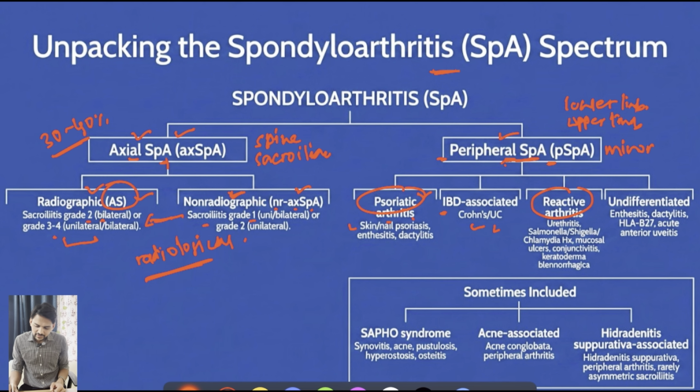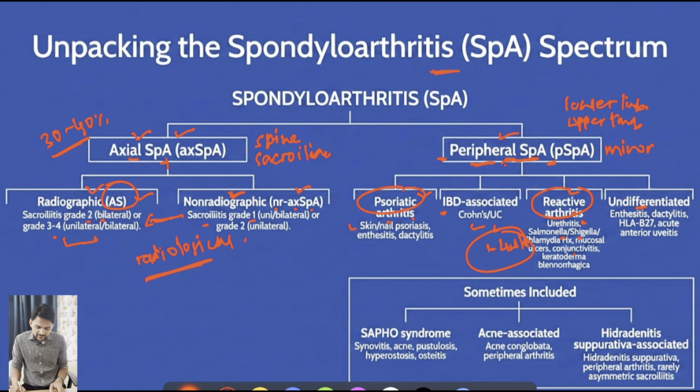Or it can be reactive arthritis after an infection of the genitourinary tract with chlamydia, or commonly gastrointestinal infections like Salmonella, Shigella and Campylobacter and all. The individual might develop peripheral spondyloarthritis. Commonly, the time gap between the infection and development of this arthritis will be 1 to 4 weeks. And if it is not fitting into any of these particular conditions, they call it undifferentiated peripheral spondyloarthritis.